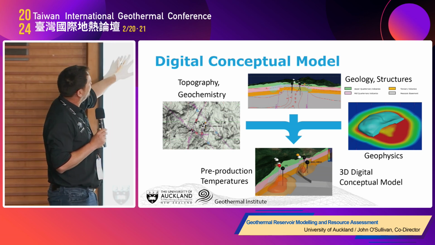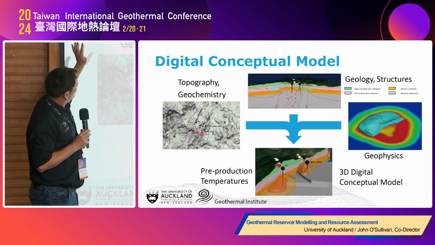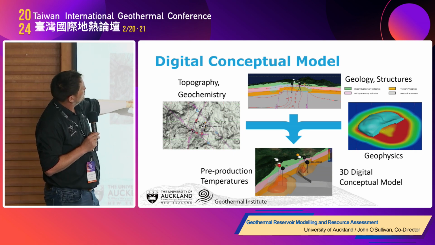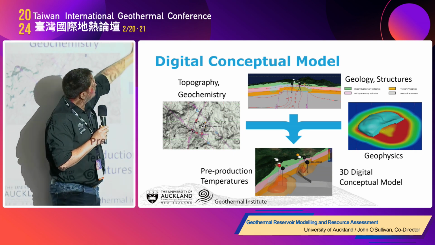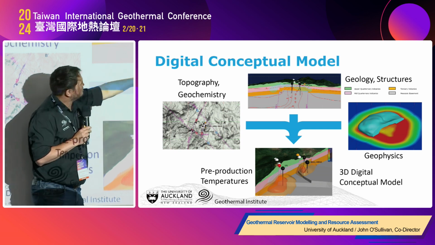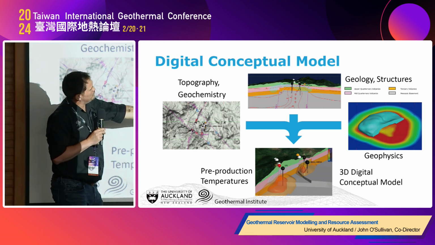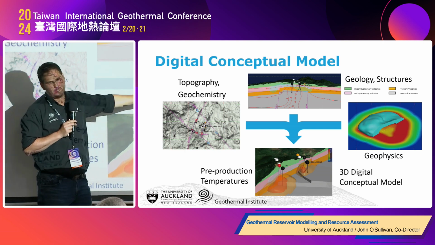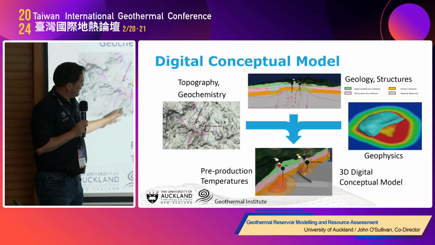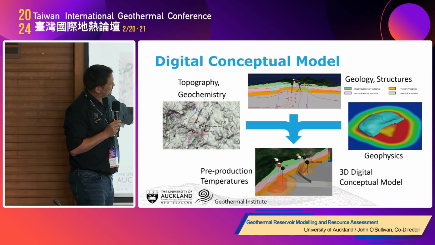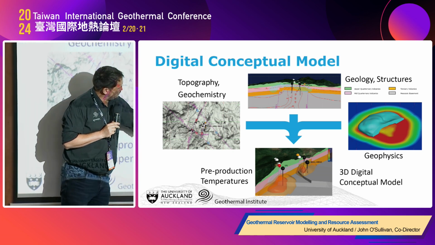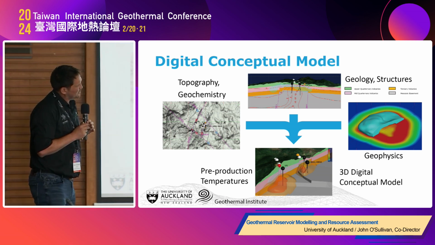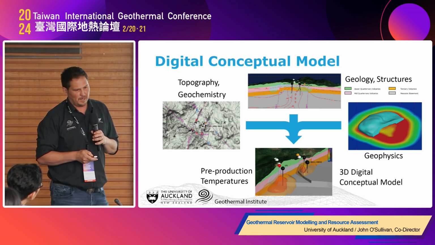So then we'll be pulling in all of the data, like all the topography data and geochemistry information, the geology and the structures, so you can see the lithologies here and representations of the structures, the geophysics representing conductivity, resistivity, and interpreted alteration as a result of that. And we pull that together with all of our well logs and also any temperature data to make these nice 3D representations of how we think the system is behaving.